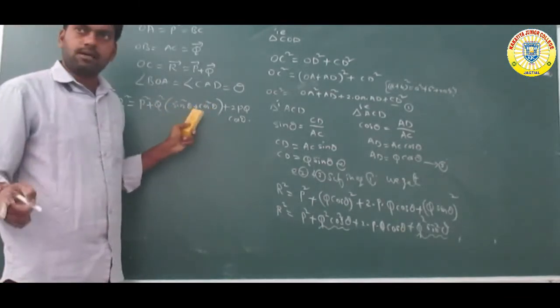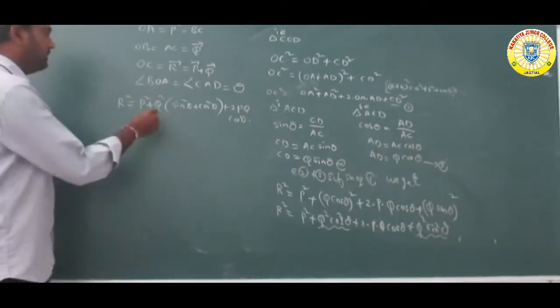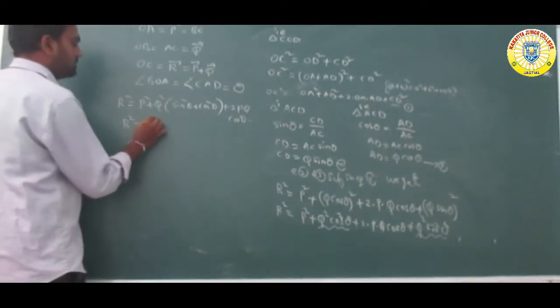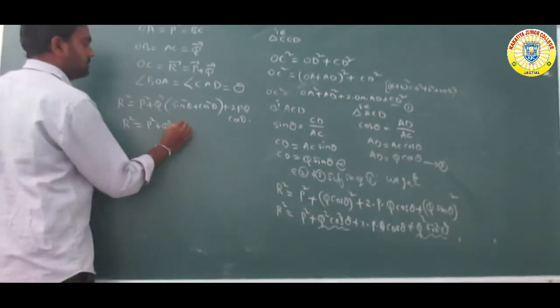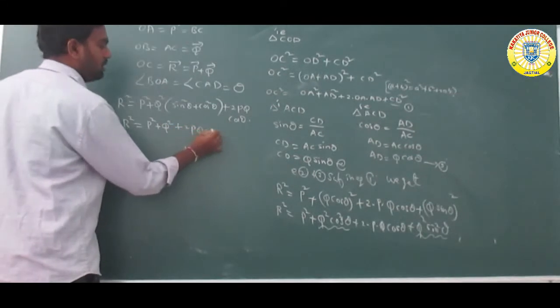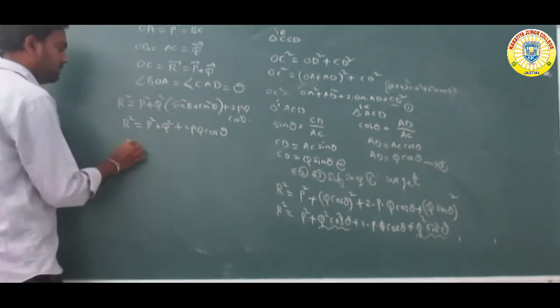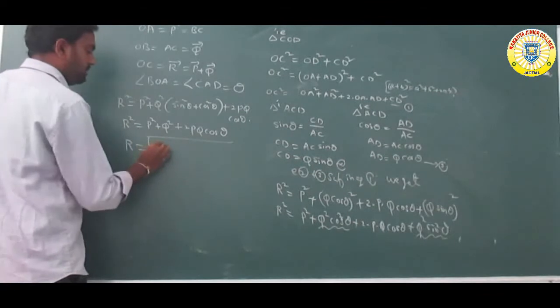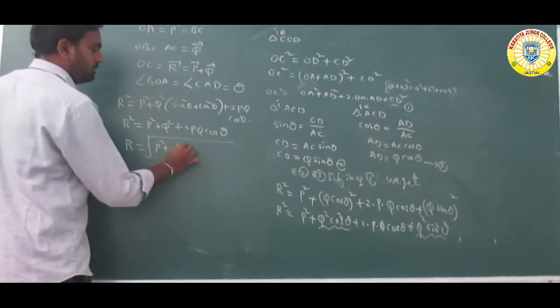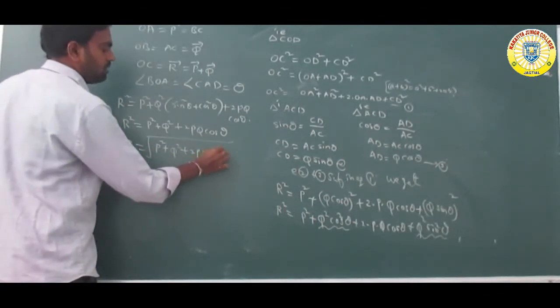Sin square theta plus cos square theta is equal to 1. So R square is P square plus Q square plus 2PQ cos theta. R is equal to under root of P square plus Q square plus 2PQ cos theta.